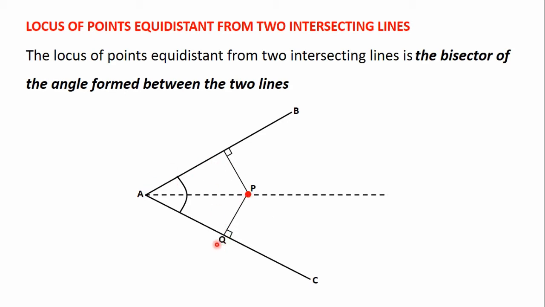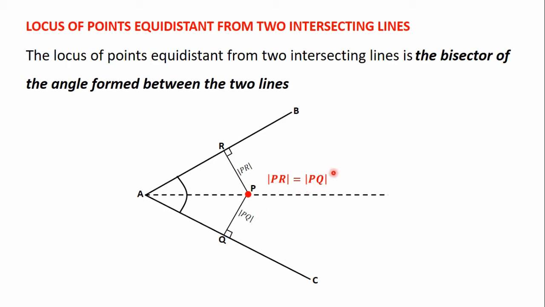Let's call this point here point Q and this point here point R. The distance between point P and point Q will be PQ, and the distance between point P and point R will be PR. Because this bisector gives us the locus of points equidistant from line AB and line AC, the length of PR will be equal to the length of PQ.